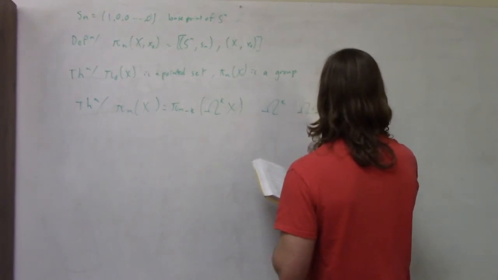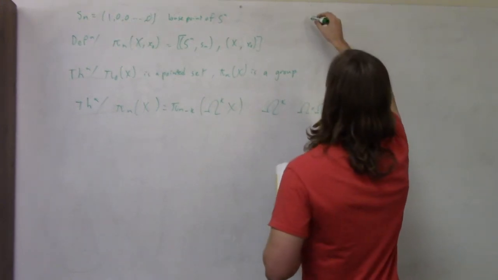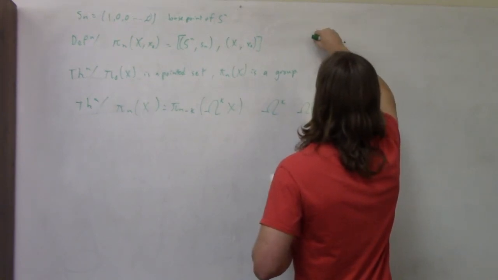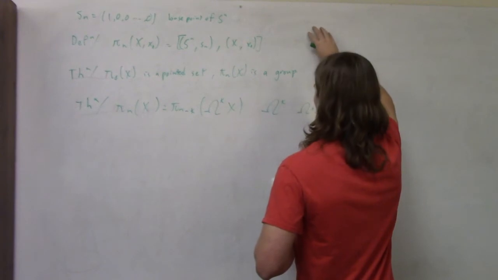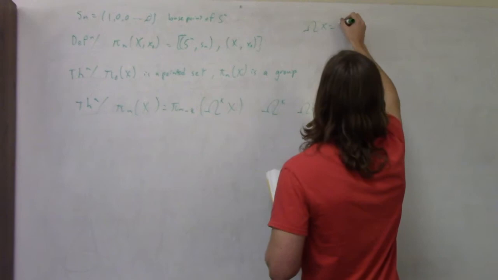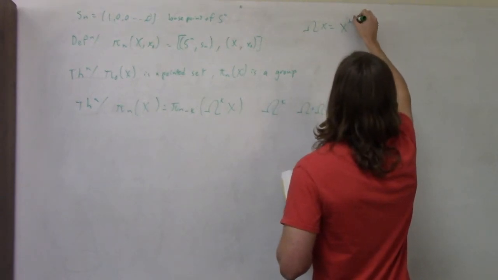What was that omega? It's the loop space, so it's like all the mappings of loops into the space.